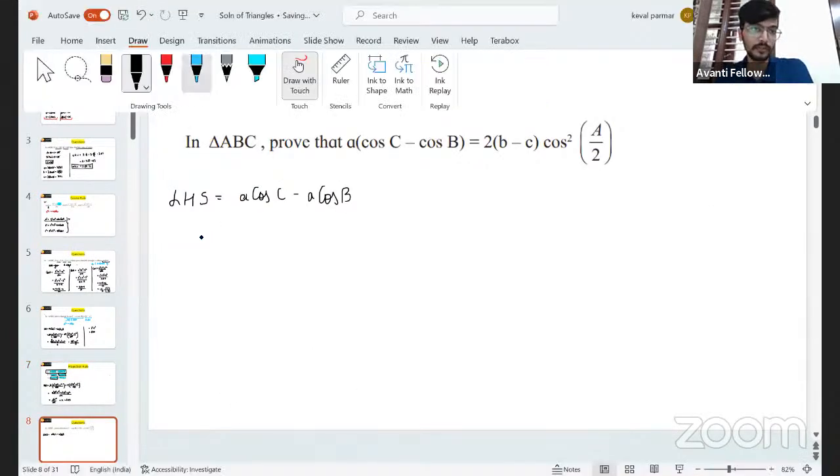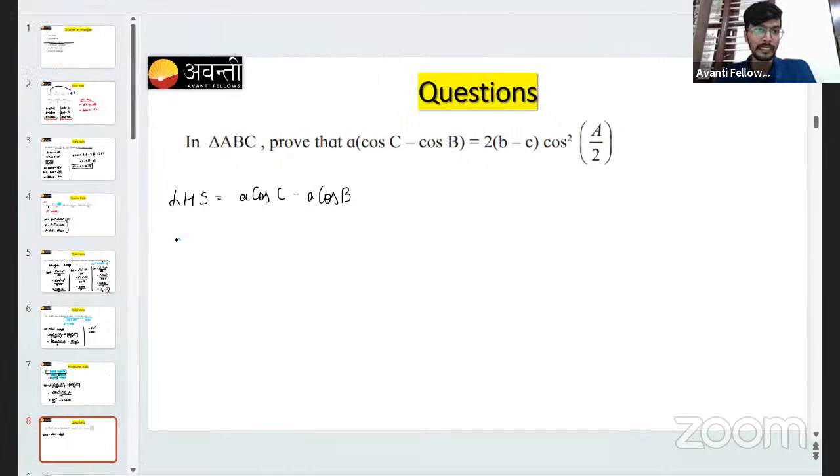So what was the projection rule? Let me write it. B was equal to A cos C plus C cos B. What do I need? A cos C. So from here I can write A cos C as B minus C cos B. Similarly, C was equal to A cos B plus B cos A. What do I need?